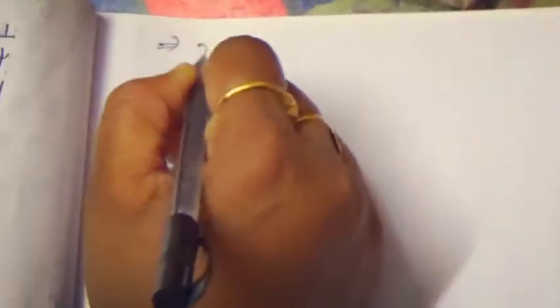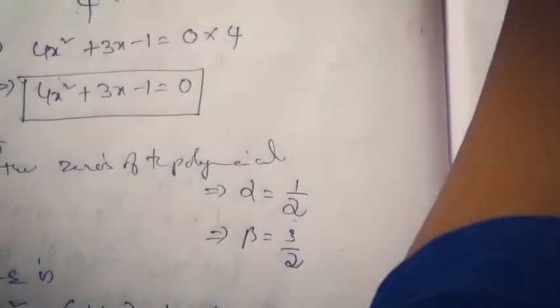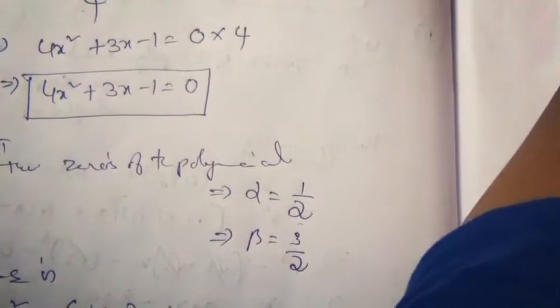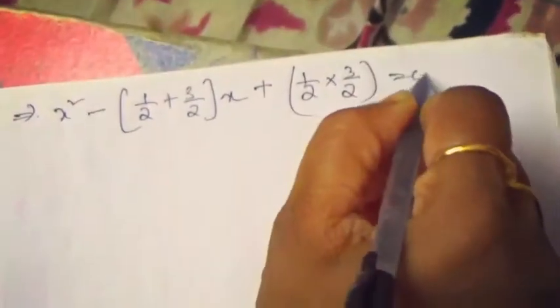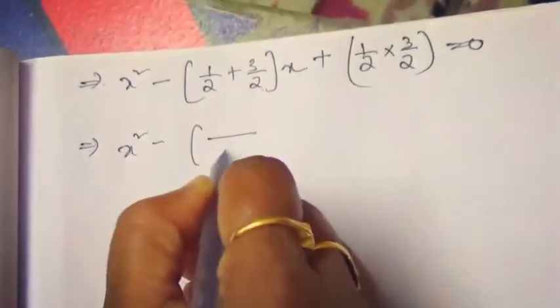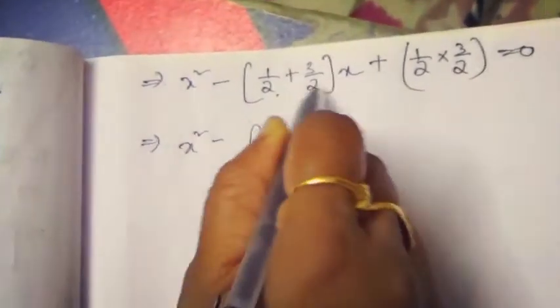That implies x square minus, what is alpha value? 1 by 2. Beta value 3 by 2. 1 by 2 plus 3 by 2 of x plus 1 by 2 into 3 by 2. That implies x square minus, do LCM for this 2, 1 plus 3.